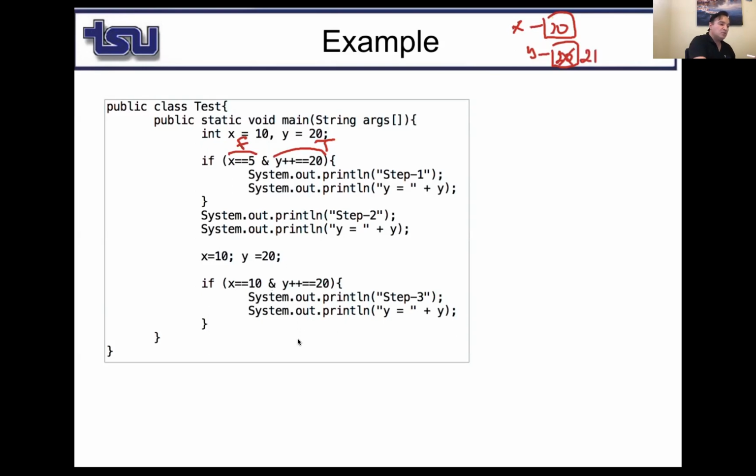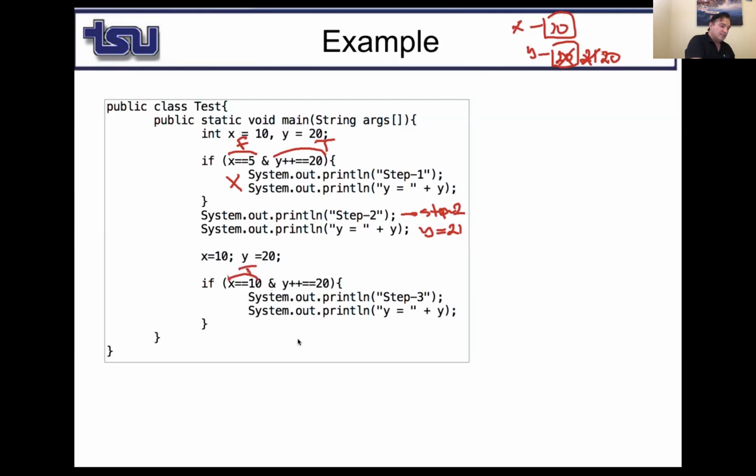False and true is false. So I'm not going to get into this. Here it will print step 2 and y is equal to 21. Then I will go to this, x is 10, y 20. That means I'm going to change this back to 20. Okay. And then x equal 10. This is true.